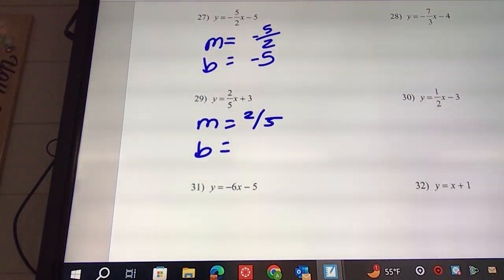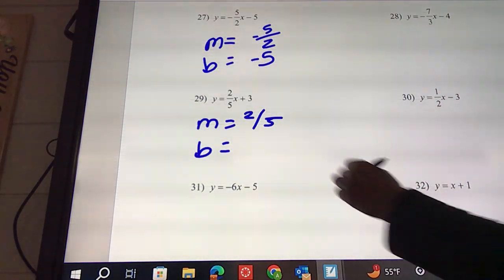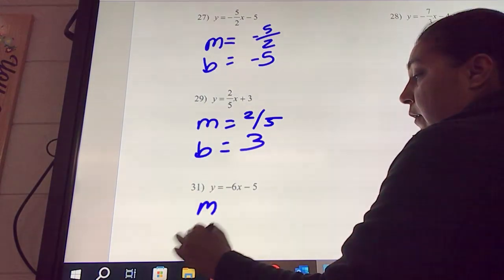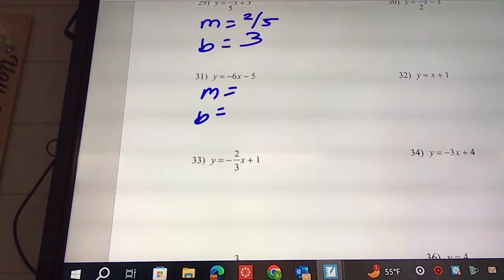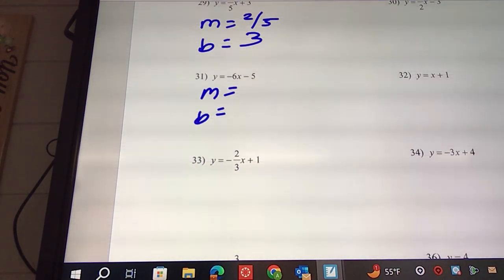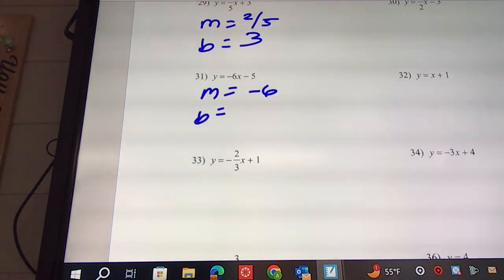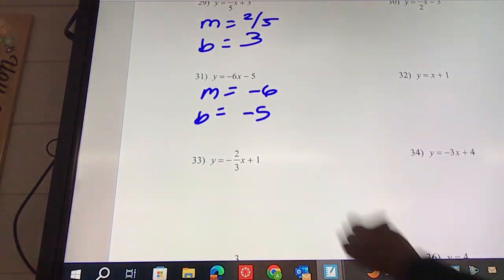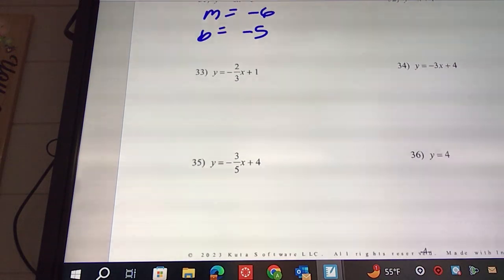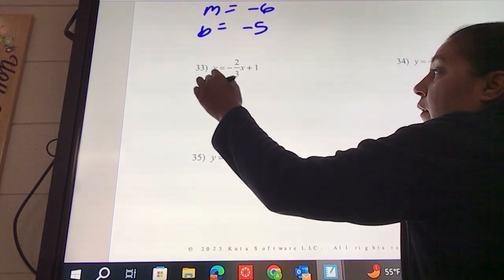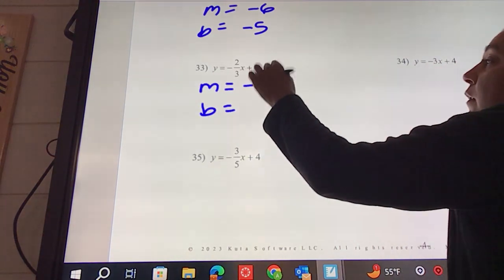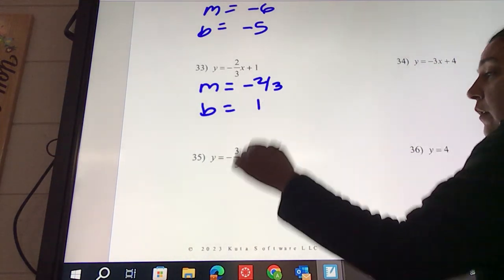What's my y-intercept? 3. Okay, 31. What is my slope? Negative 6. What's my y-intercept? Negative 5. M would be negative 2 over 3. Good. B would be 1. Good.